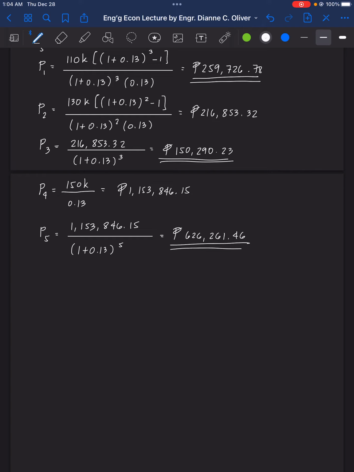So that is P5. Therefore, our OM total is now equal to P1 plus P3 plus P5.